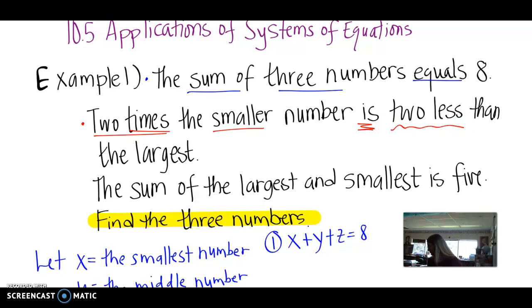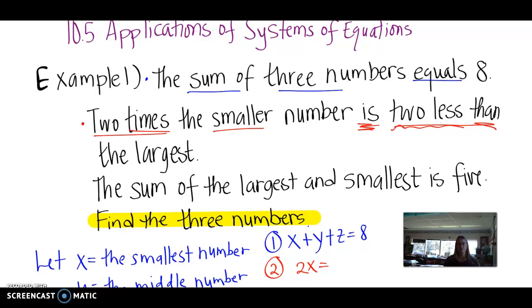So I want you to think about what that equation would look like. 2 times the smaller number, so how would you write 2 times the smaller number? Well, our smallest number is x, so 2 times that is 2x. Is means we're going to set that equal to 2 less than the largest. So whatever the largest number is, which is z, 2 less than that is z minus 2.